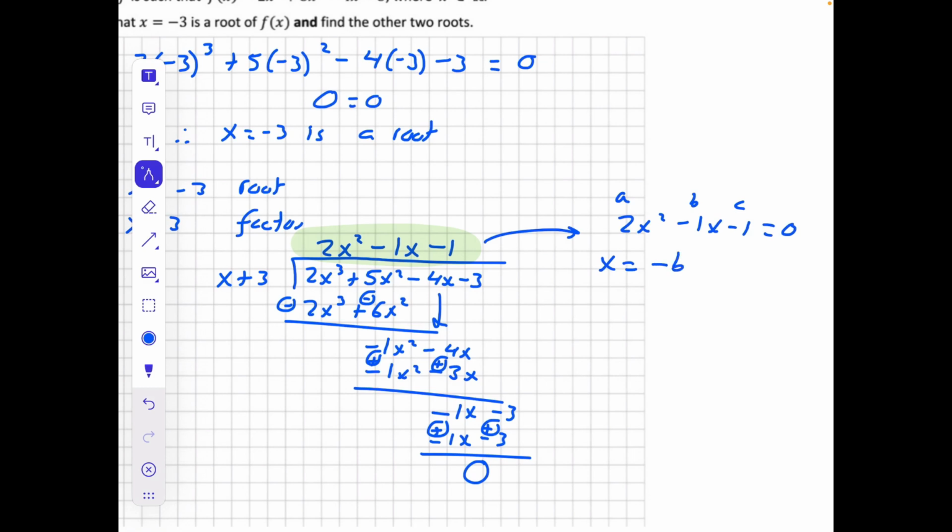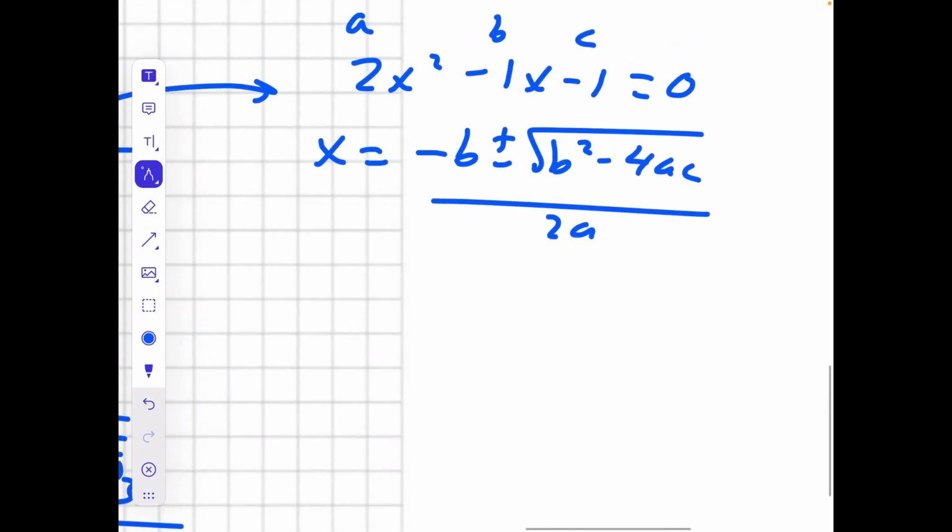Okay, so my minus b formula is my a, my b, and my c. So our minus b formula, okay, on the front cover of your formula book.